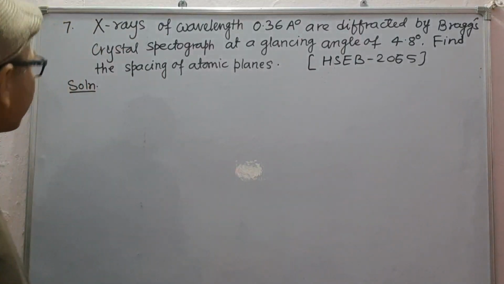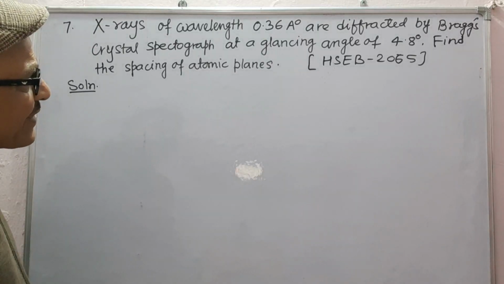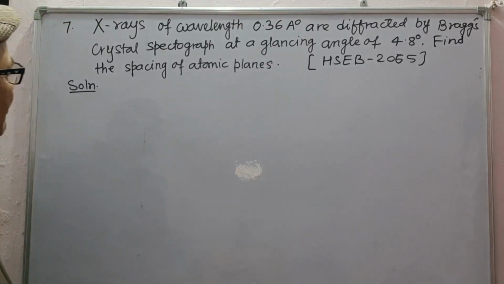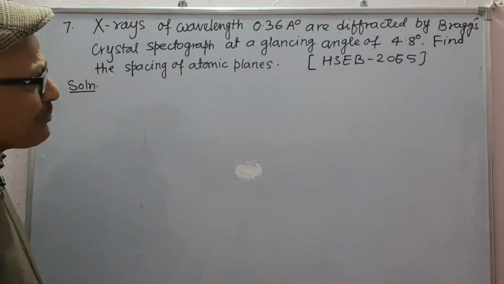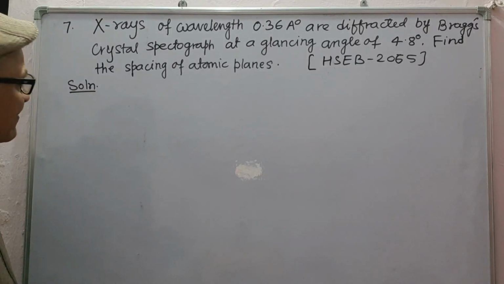Next question number 7. X-rays of wavelength 0.36 angstrom are diffracted by Bragg's crystal spectrograph at a glancing angle of 4.8 degree. Find the spacing of atomic planes.